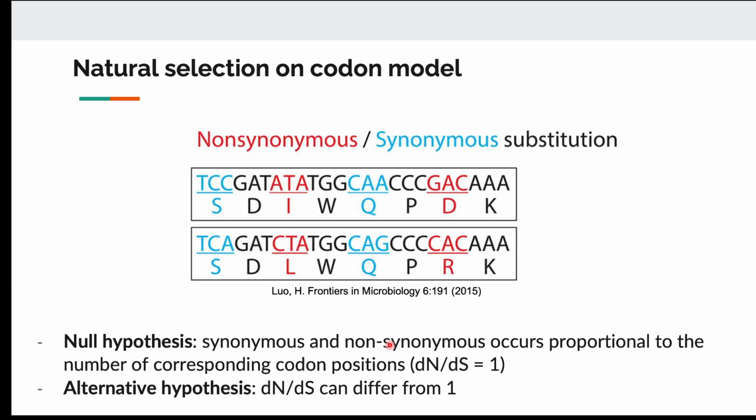If the protein is being conserved, that means when there is a non-synonymous substitution, it's bad. If you observe the data, most of the mutations will be synonymous, because if a non-synonymous mutation occurs in some individual, it is bad, so that individual gets kicked out of the gene pool.